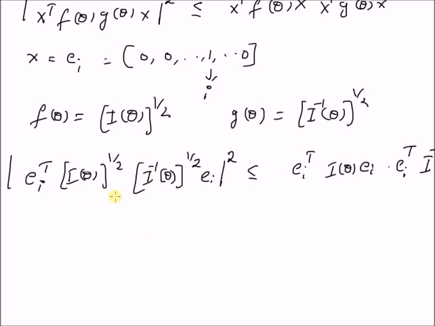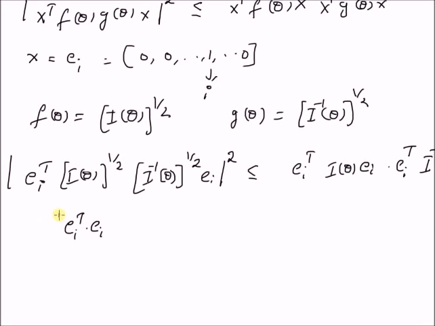When you multiply I of theta with its inverse, it becomes an identity matrix, and therefore we only have ei transpose multiplied by ei.